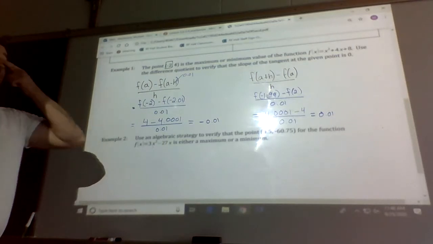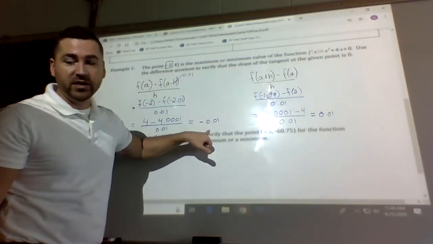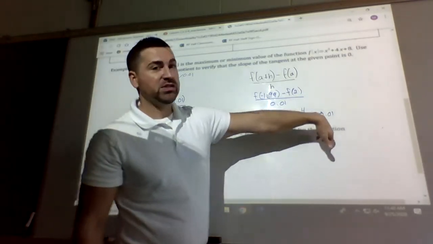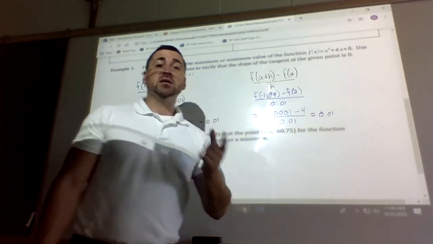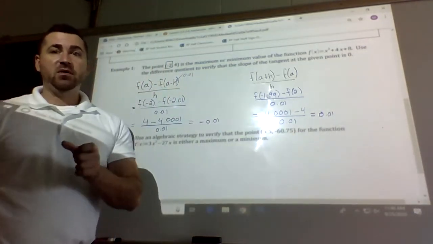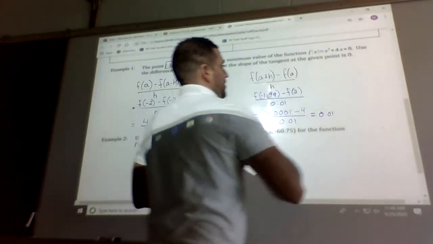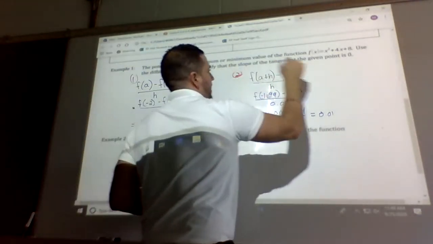So we know it's a minimum now because it's negative to the left of the point of the max or minimum, and it's positive after that point. So we know it's a minimum value. Now we just have to prove it by averaging these out and seeing if it equals 0. So this is step 1, step 2, and now step 3.